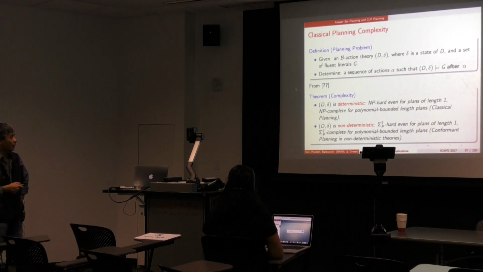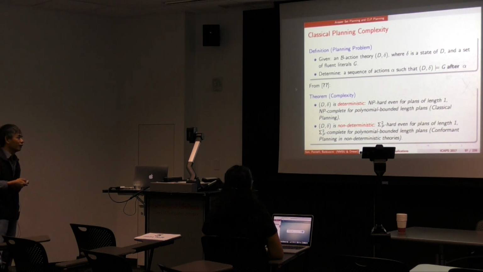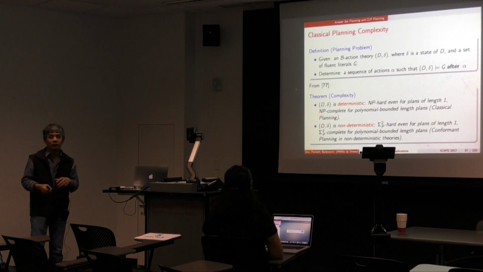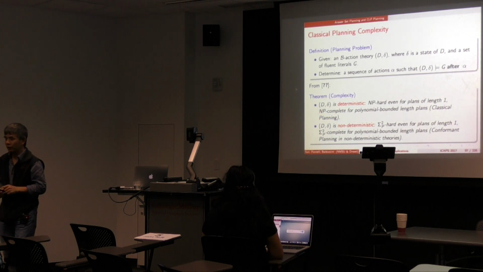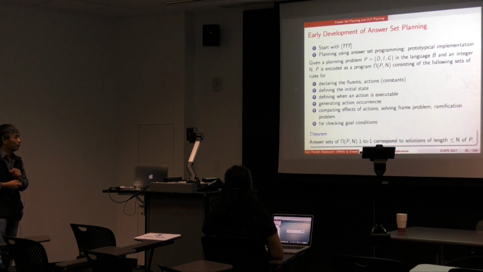In classical planning, I wanted to mention that the reason we could use answer set programming to solve it is that if we restrict the bound of the plan, then the problem is NP complete, and the complexity of computing an answer set is also NP complete, and that's the reason we do that. And we can do that in the sigma 2p cases as well.